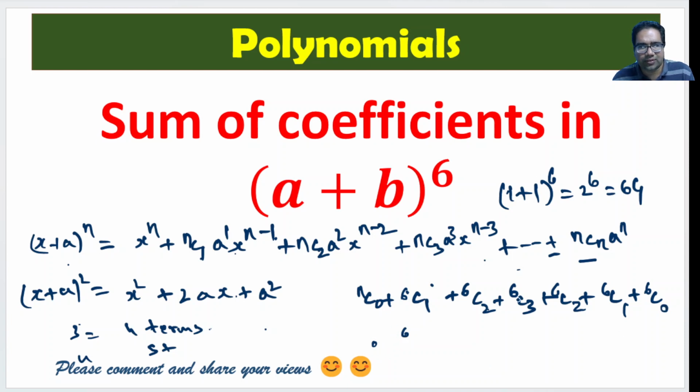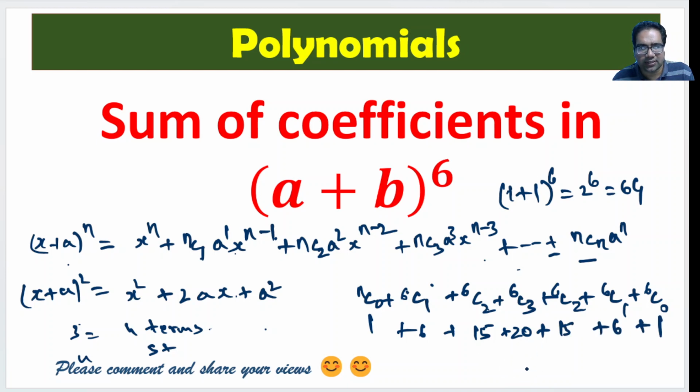There are 7 terms. 6C0 is 1. 6C1 is 6. 6C2 is 6 into 5 by 2, which is 15. 6C3 is 6, 5, 4 by 3, 2, 1, which is 20. Then again 15, again 6, again 1.